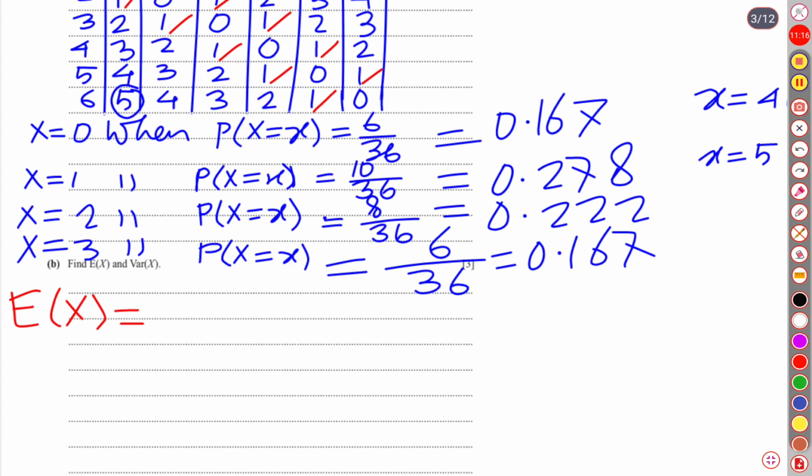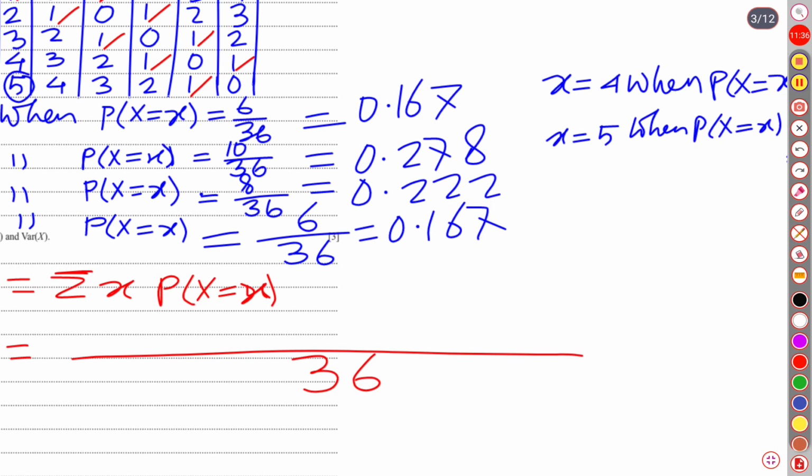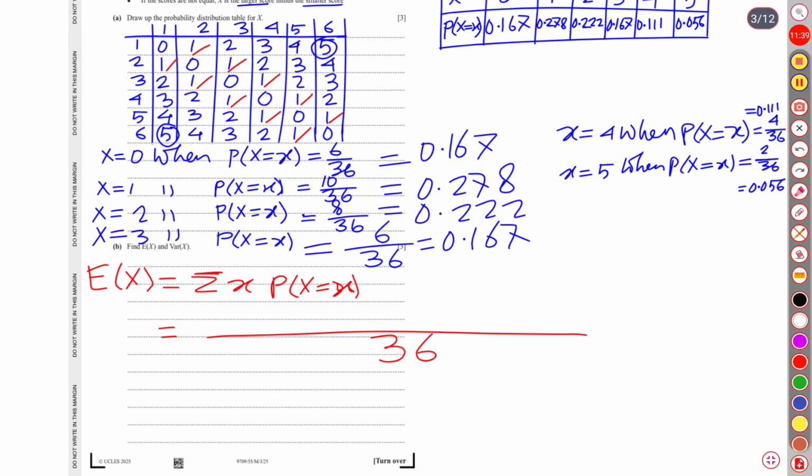E(X) is equal to the sum of x into probability of x. That means we will multiply each probability by x and then add. In all cases the denominator is 36, because the total number of outcomes is 36.